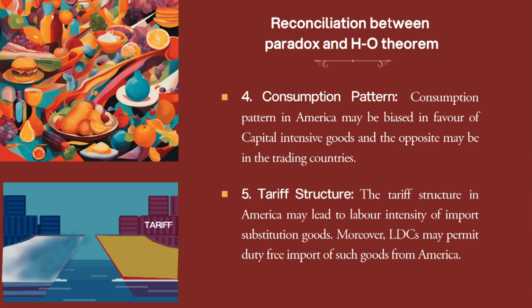It is argued that America subsidizes more of these labor intensive lines of production. And so the tariff structure in America is argued to lead to labor intensity of the import substitution goods. Moreover, the less developed countries may permit duty-free import of such goods from America.